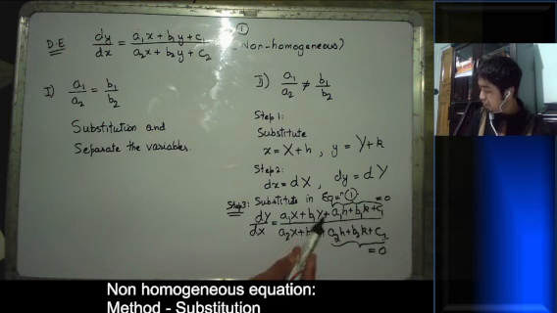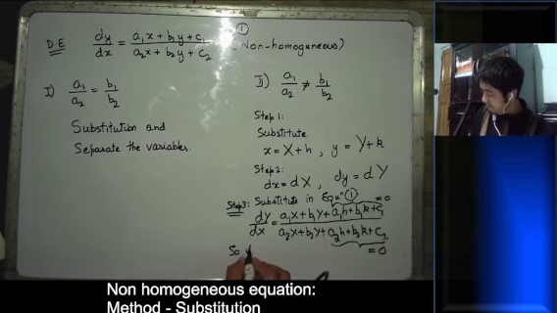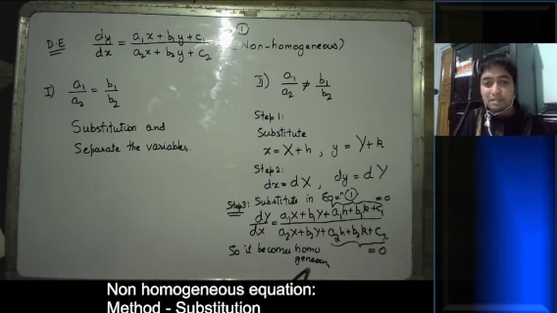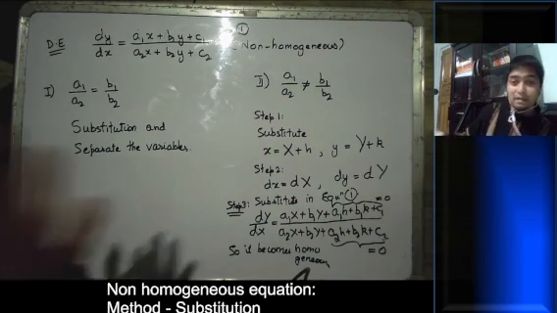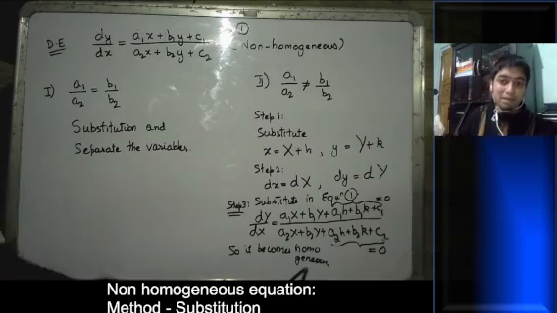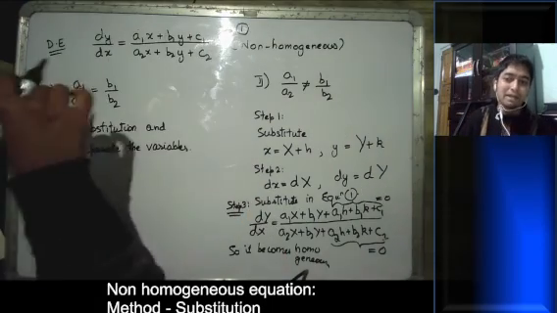Power 1, power 1, power 1, power 1. So it becomes homogeneous. So now that it has become homogeneous, we can easily solve it as a homogeneous equation. You will understand better when I do the examples.